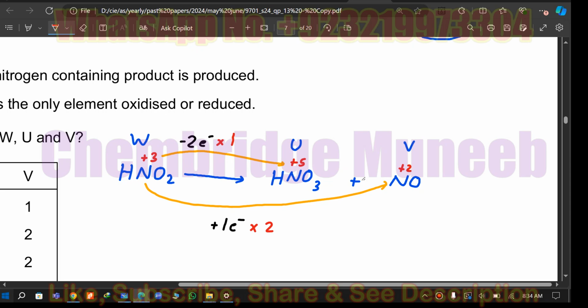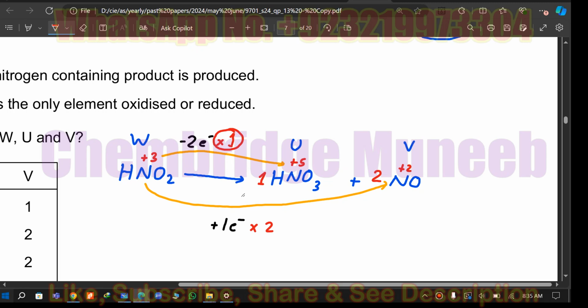So here I should multiply this NO with 2 and not the HNO2, because HNO2 has 2 further products, and I cannot multiply this 2 with the reactant, because the reactant is also showing the reduction and the oxidation. But I have to multiply this 2 with the product where it was finished. So I have multiplied this 2. Now for HNO3 I have to multiply it with 1, because it was multiplied with 1 here. Now I have done this thing.